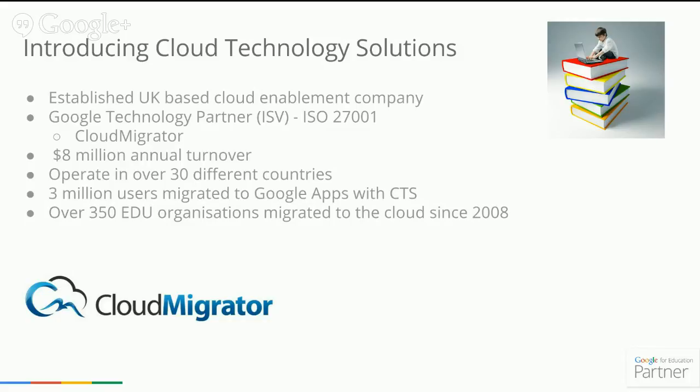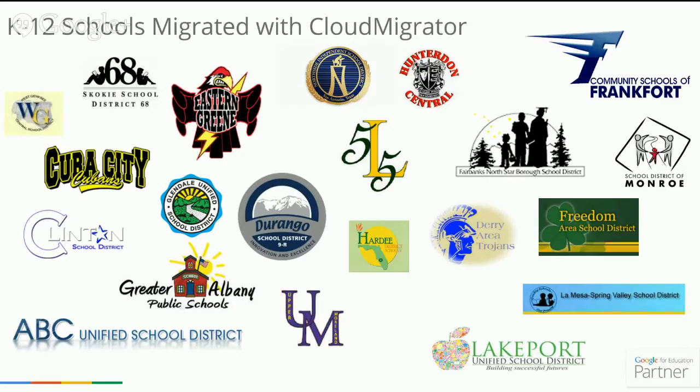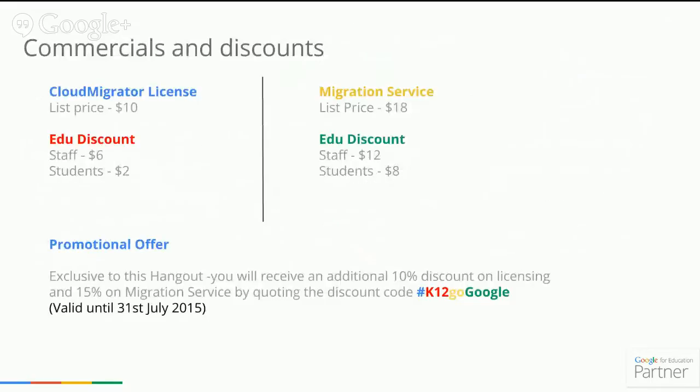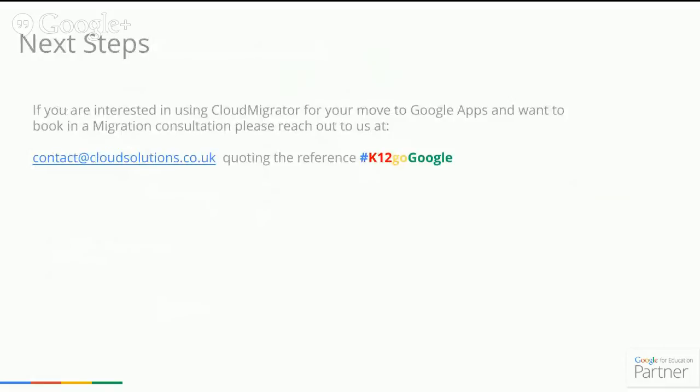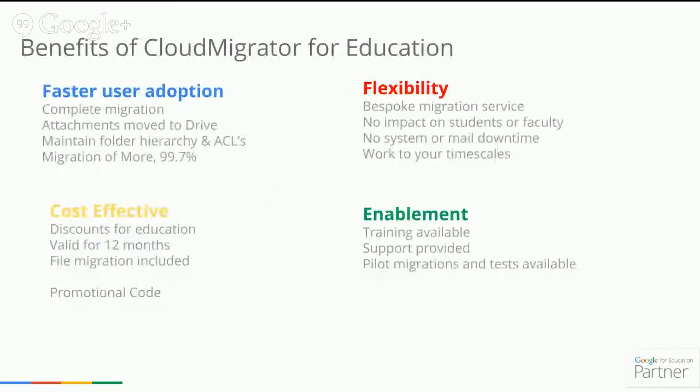So that could be entire school districts, high schools, middle schools, K12 essentially. You might recognize some of the logos we've got up on this slide here. We're happy to provide references for any of these institutions which we've helped migrate over the years. If you head over to our website as well, you can also take a look at some of the customer feedback we've got, kind of reviews, if you will.